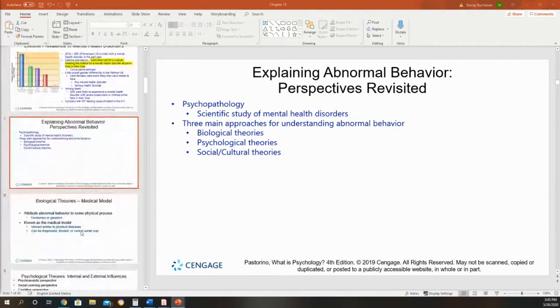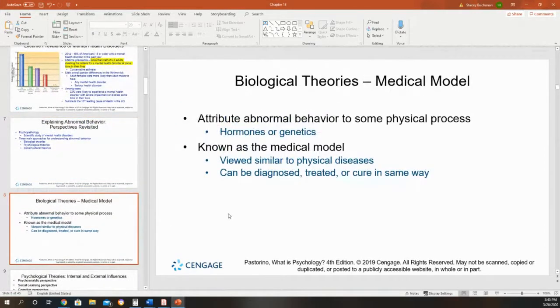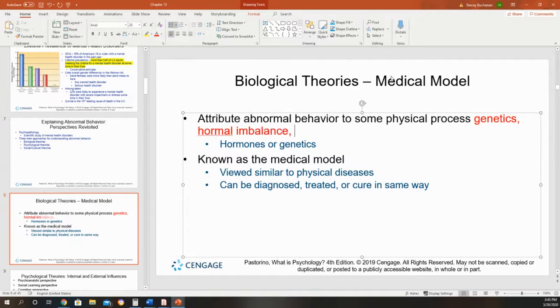So let's look at the medical model first. So the biological theories or medical model means that the abnormal behavior is from a physical cause. So give you a couple examples right here. It could be due to genetics. It could be due to a hormonal imbalance or to a brain dysfunction.